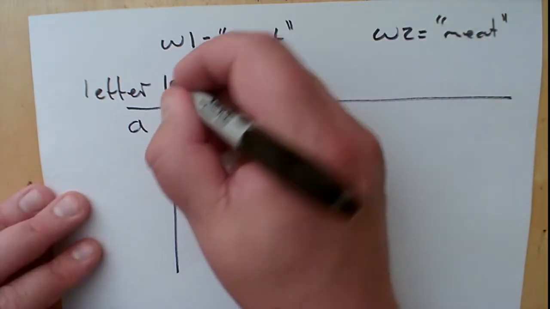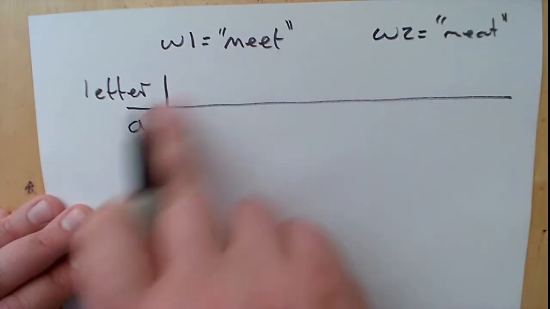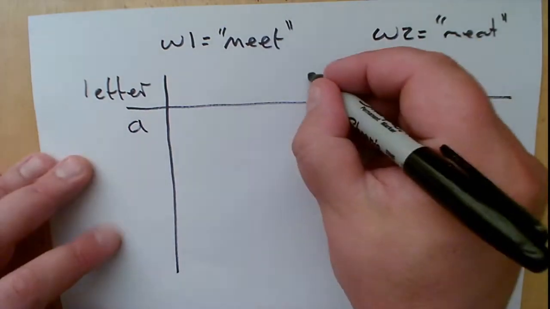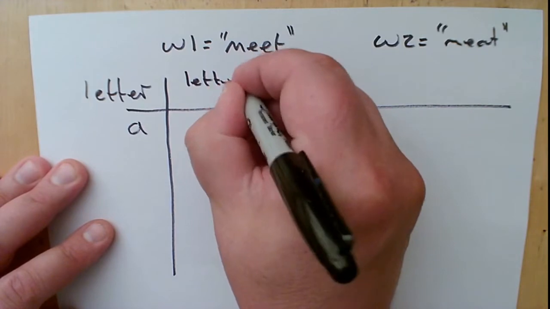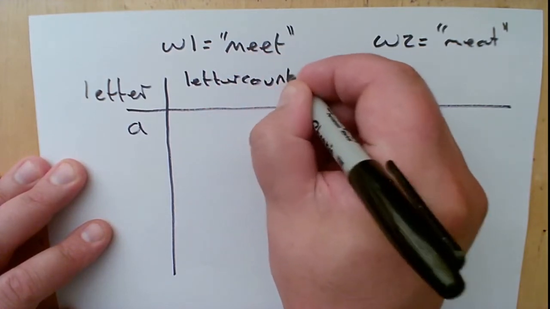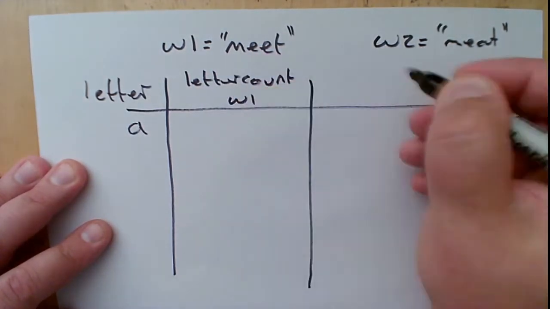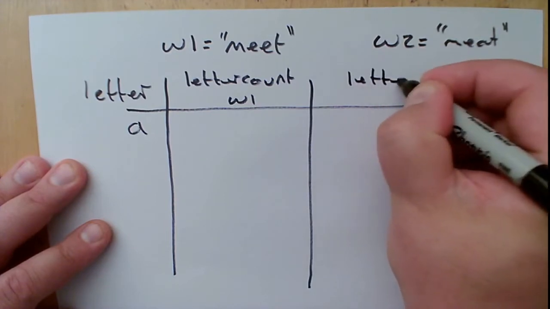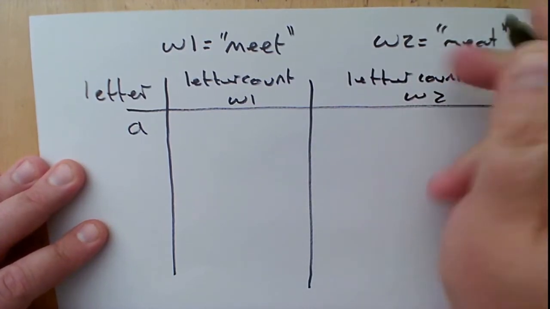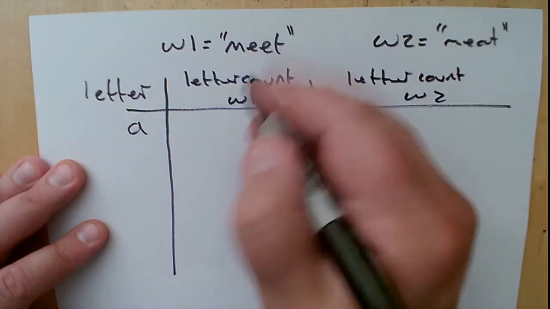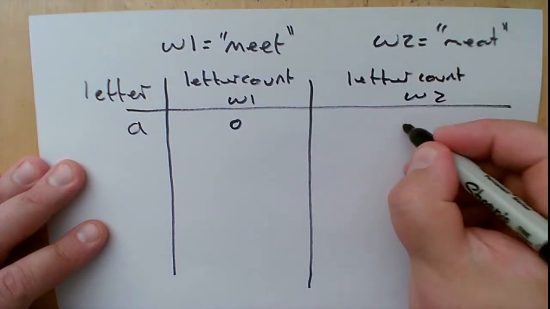I'm not saying you have to do that, but I want to count how many A's there are in both of these. So I think what I might do is just call it something like letter count. I'm going to do a letter count of W1, and I'll do the same there as well. Just count the occurrences of that particular letter for the second word. So for A, there was 0 of them, there was 1.